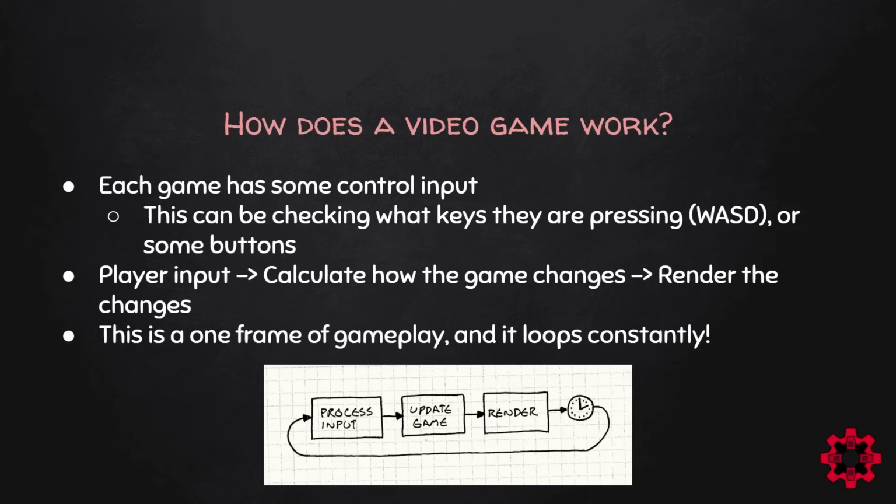So, for example, if the player presses a button, you have to calculate how many steps the player's in-game representation will walk. And then from there, you have to render those changes on the screen. Each of those changes is called a frame, and those frames loop. That's basically what the game engine is going to do for you. It's going to check those inputs, calculate what in the game is going to change, and render that for you.